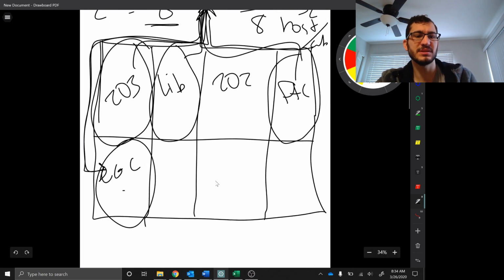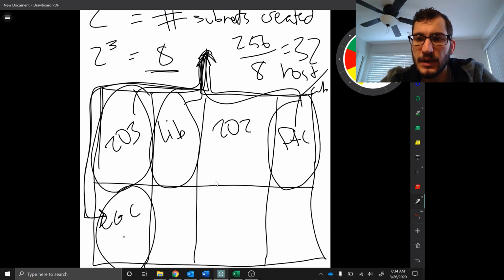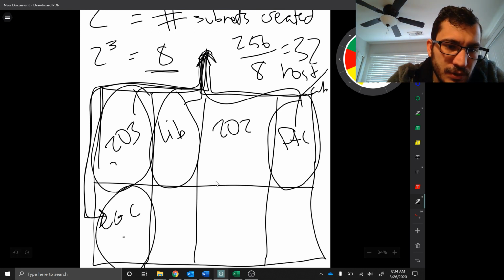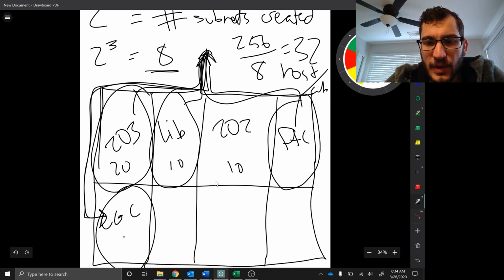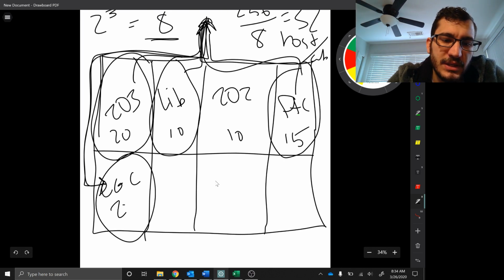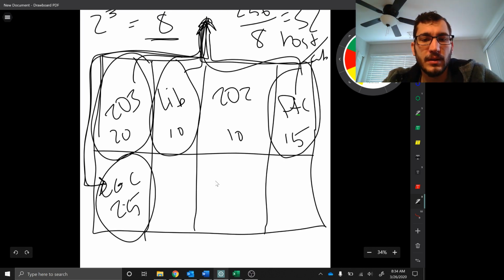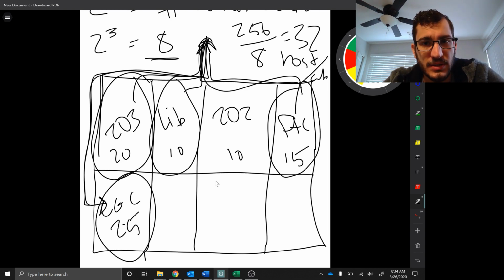For this example, let's say we have 20 computers here, we have 10 here, we have 10 here, we have 15 here, but we have 25 people in our gaming club. You have to take a look at the number of computers that are going to be in a subnet before you can create a subnet.